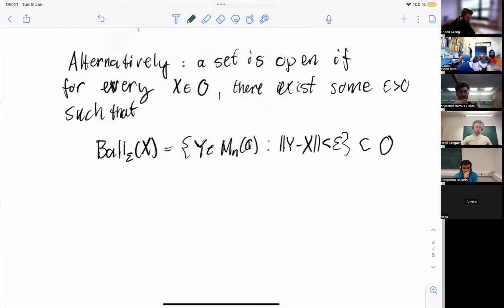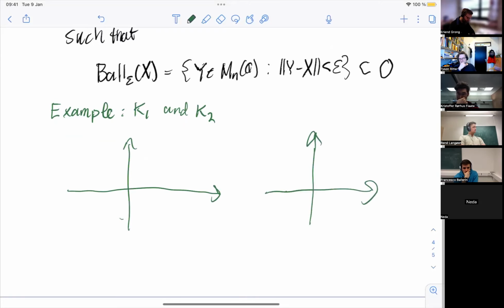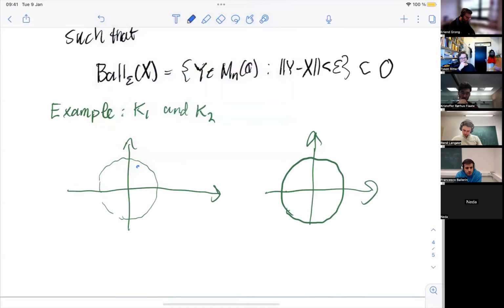So if we again go back to K1 and K2, if I have some point x here, then I can always, with a small enough ball around it, recall this was the set less than 1, and this is the set less or equal to 1.